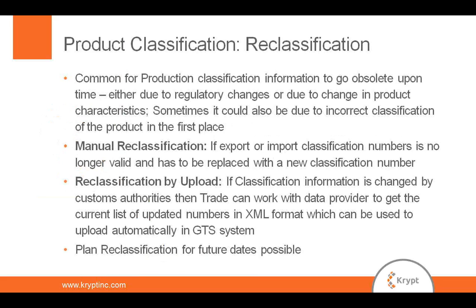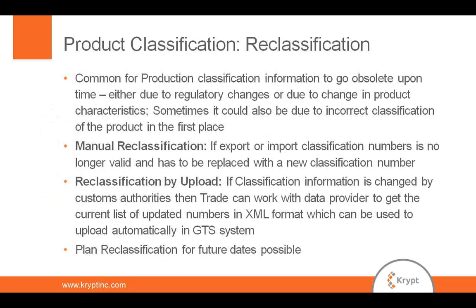Or, most companies work with a data provider. They can also provide an XML file which we can use to reclassify all the products that have been affected. So there could be a couple of ways.